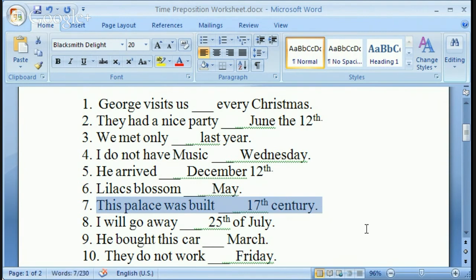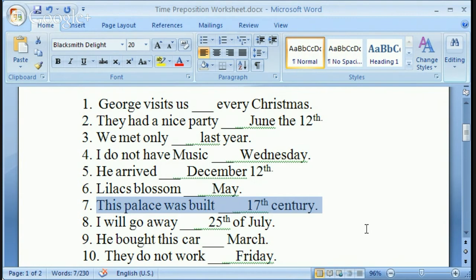7. This palace was built in 20th century. Okay. This palace was built in the 17th century. Yeah, we need in the.